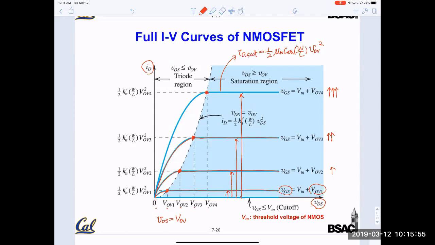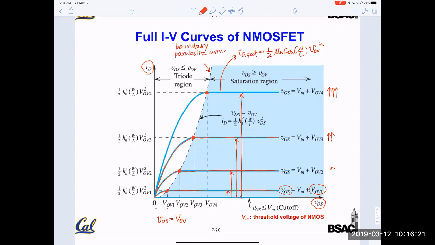And the maximum current goes by the square dependence. So the boundary between triode and saturation is itself also a parabolic curve.